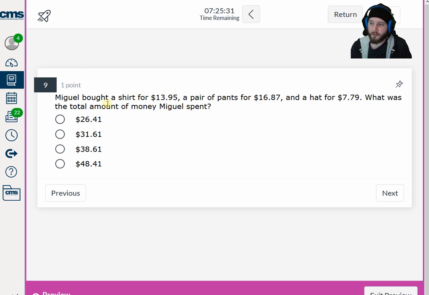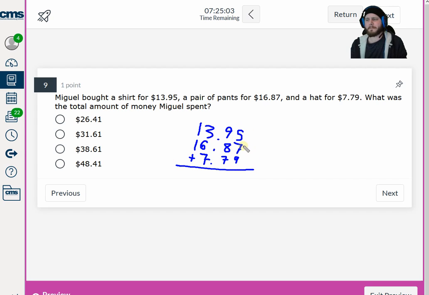Miguel bought a shirt for $13.95, a pair of pants for $16.87, and a hat for $7.79. What was the total amount of money he spent? So this is just basic addition. This is 13.95. This is 16.87. And this is 7.79. We'll add all that together. 5 plus 7 is 12, plus 9 is 21.